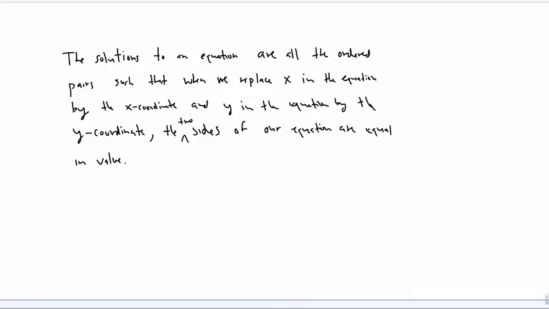Let's do an example. Let's take our first equation, 3x plus y equals 7. Let's pose the following question. Is -1, 3 a solution?